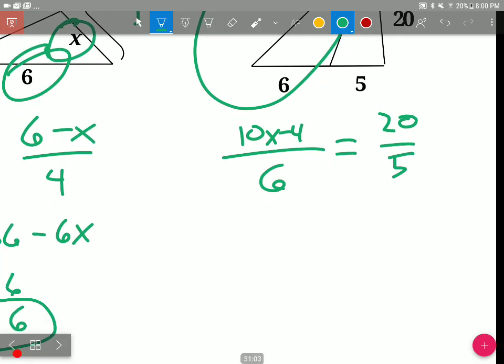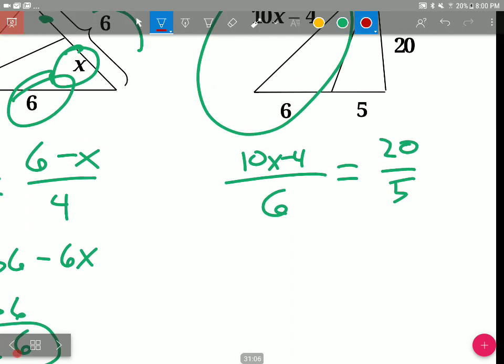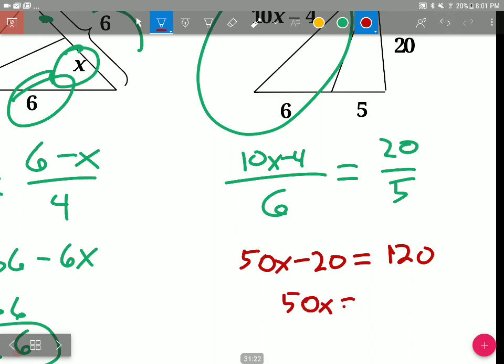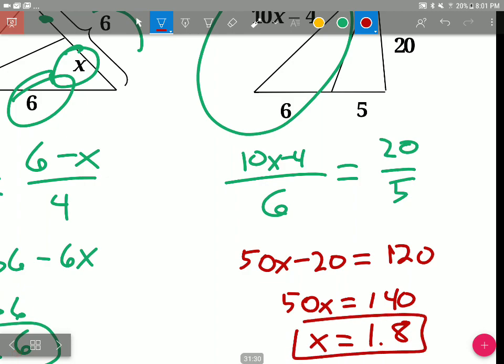Miss Hunter is going to be upset with me because I'm sure I'm nowhere near as specific as she is. 50x minus 20 equals 6 times 20 is 120. 50x equals 140, x equals 2.8. 14 divided by 5 is 2.8. Cool. And that might actually be the last page.